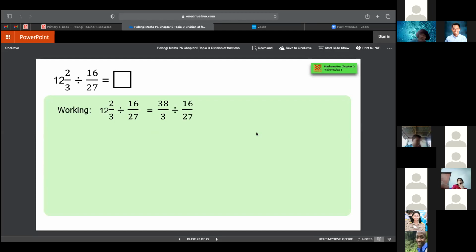Next, change the sign from division to multiplication and then reciprocal, just like this. Division to multiplication and then 16/27 becomes 27/16.